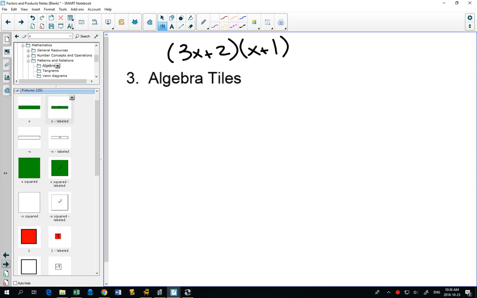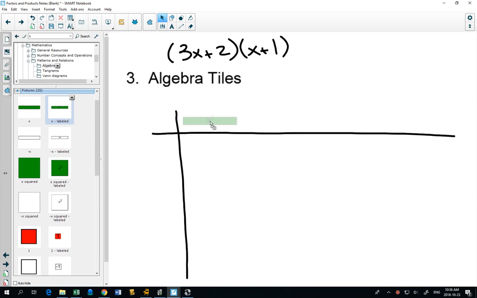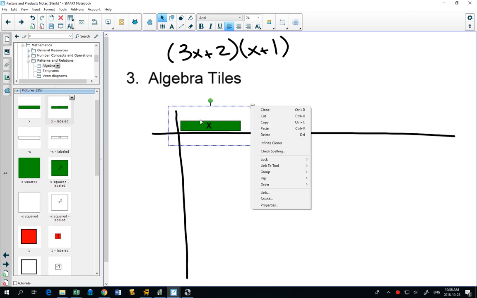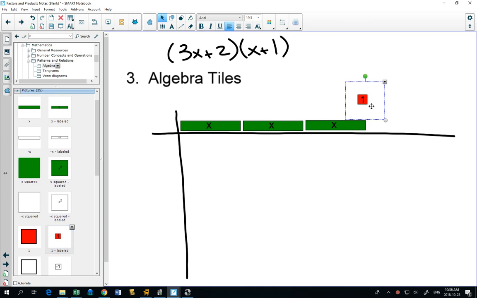The algebra tiles method is almost identical to the chart method, except instead of writing 3x plus 2, you take algebra tiles, 1, 2, 3, and you take 1 tiles, that would be 3x plus 2.